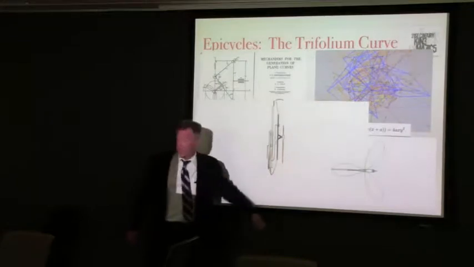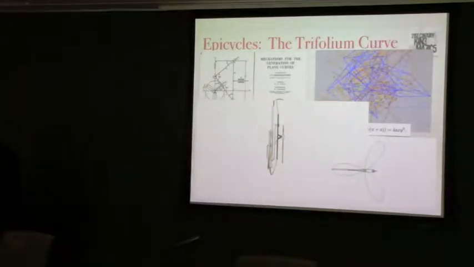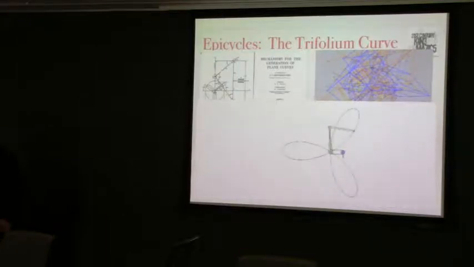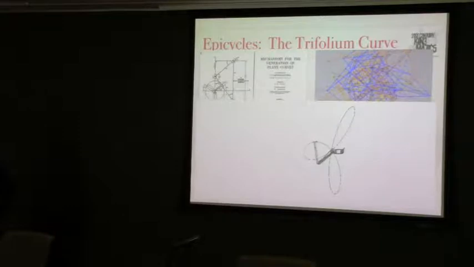Okay, but watch this mechanism. Well, this turns out to be no surprise. If you think about this, this is the representation of a Fourier series as a collection of epicycles.